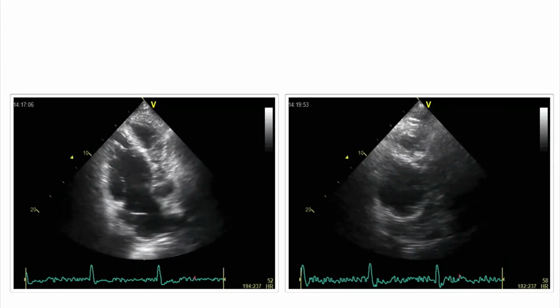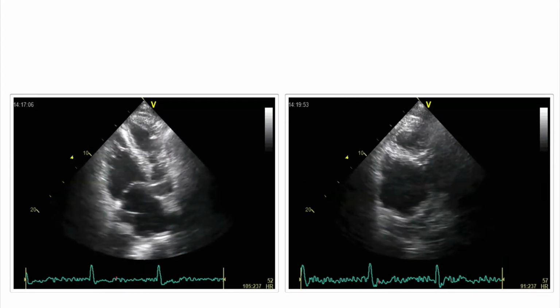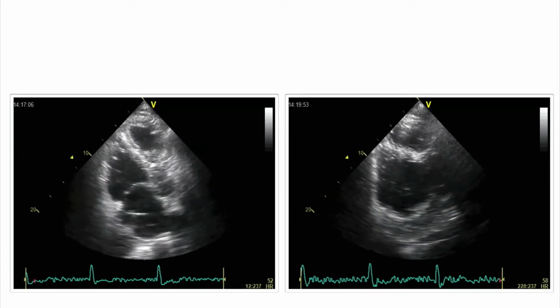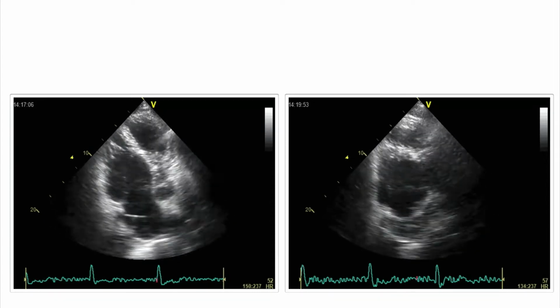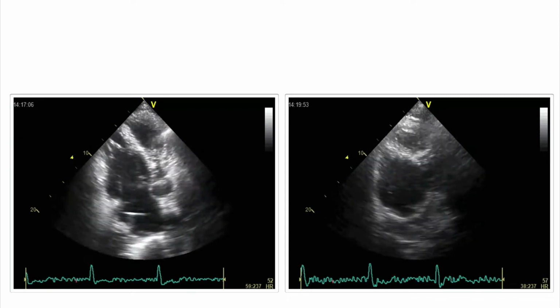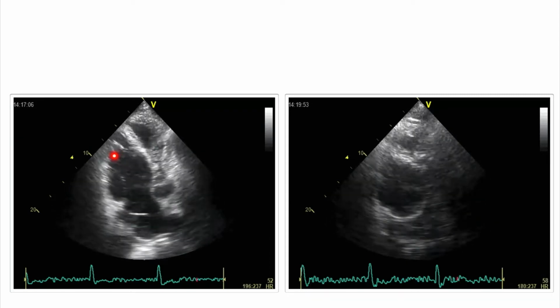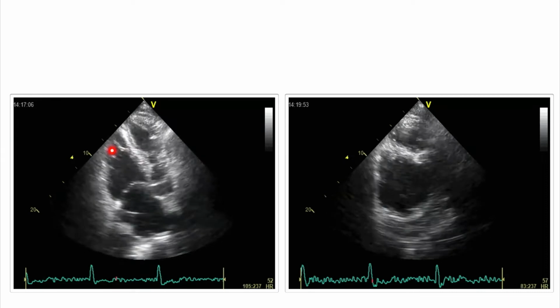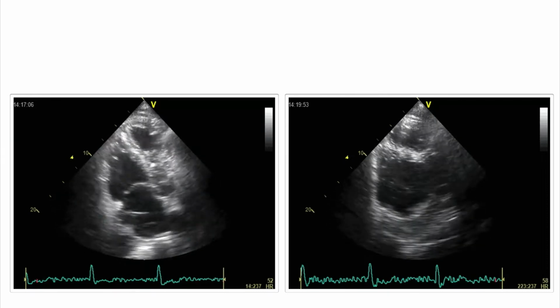And here's another case. This time, again, a 4-chamber view, which is optimized for the right ventricle. And if you look closely, you will see again that the right ventricle is dilated and function is very poor. The wall is not thickened though. Why does the patient have this? Well, again, we need the clinical information.